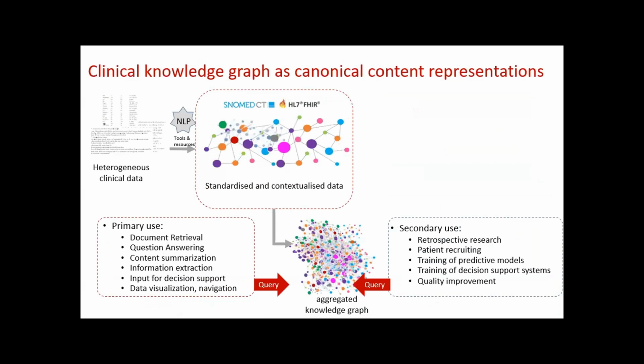What we should think about is not only a standardization of clinical terms, but a kind of canonical representation of the content of a document. One kind of representation is the knowledge graph, a term which is quite fashionable, but which is of course something like an instantiated ontology.